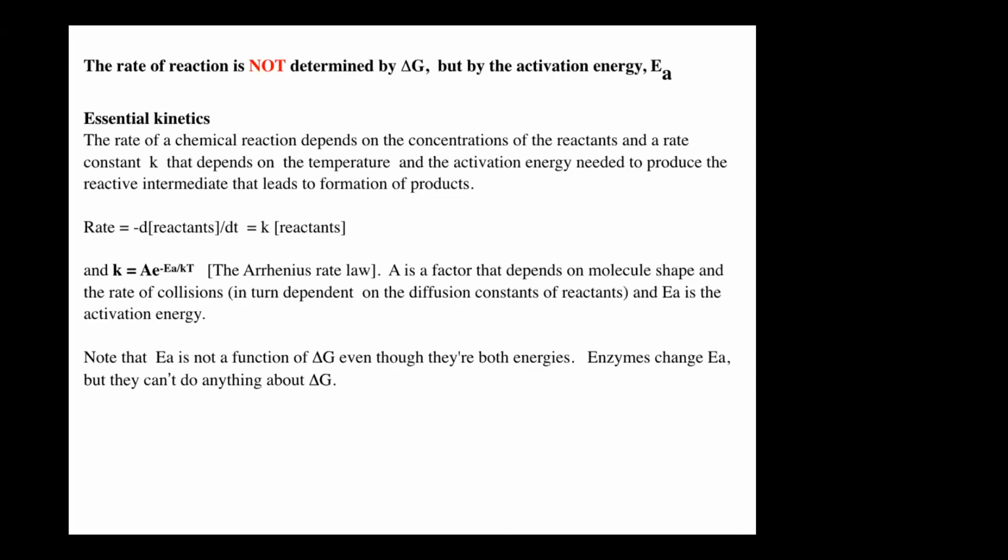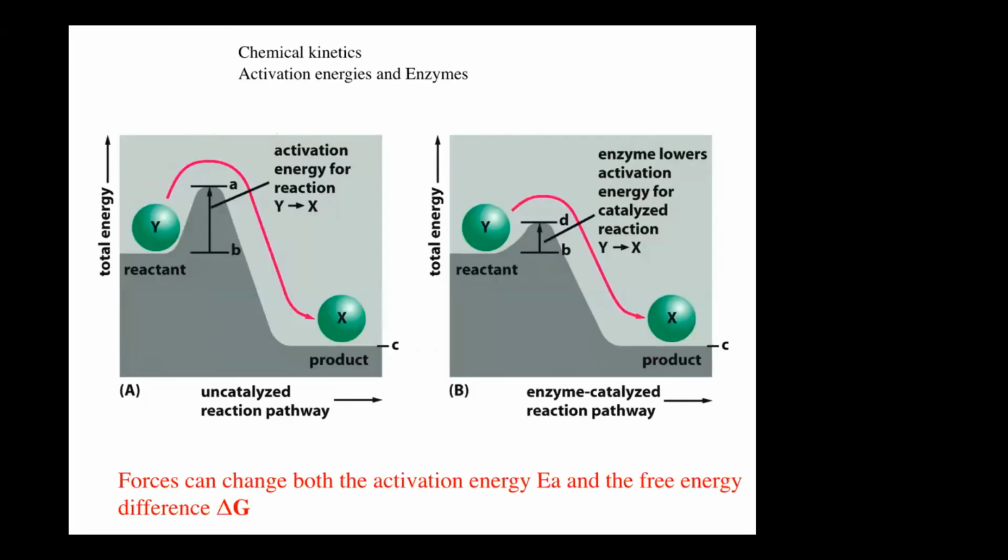Okay, all right. So in kind of cartoon form, here's what this means. Let's say that you take a reactant Y, and it would spontaneously go to product X because product X has a lower free energy. So eventually it would get there.